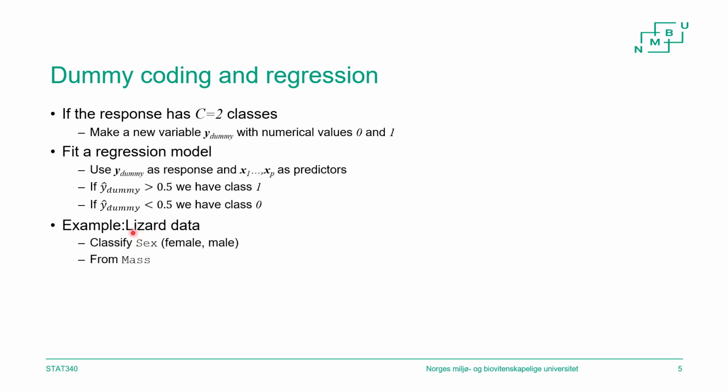We have data for some lizards, and for each lizard we have the sex, female or male, right? So these are our two classes now, and we want to see if we can classify a lizard based on some measurements of its body, because it may not be so easy to see what is a female and a male lizard.